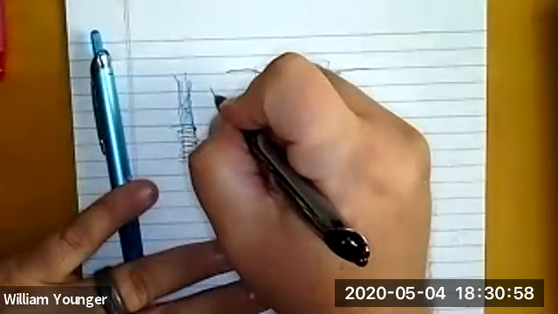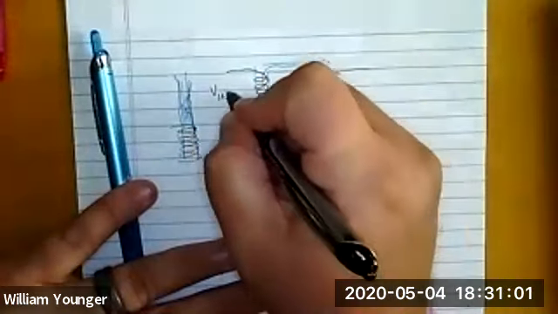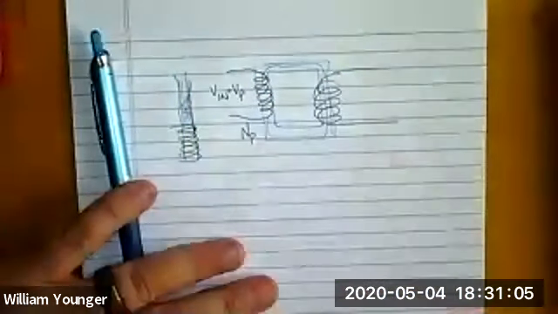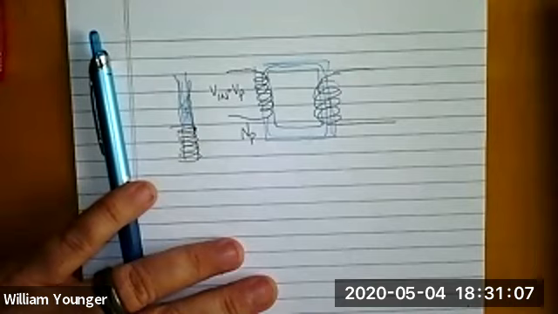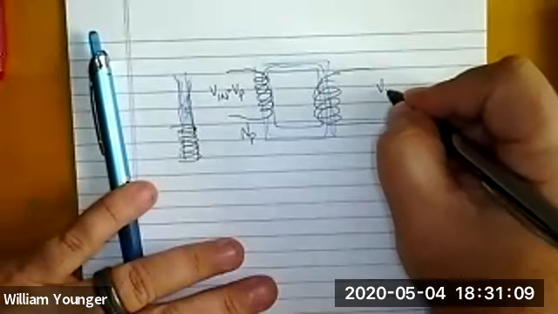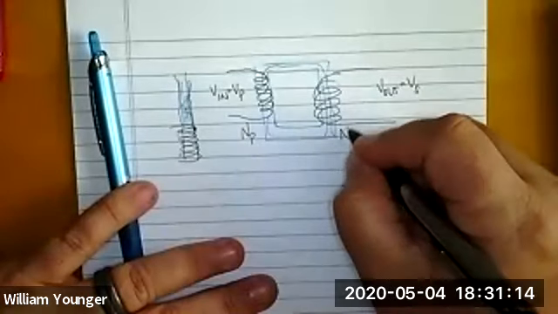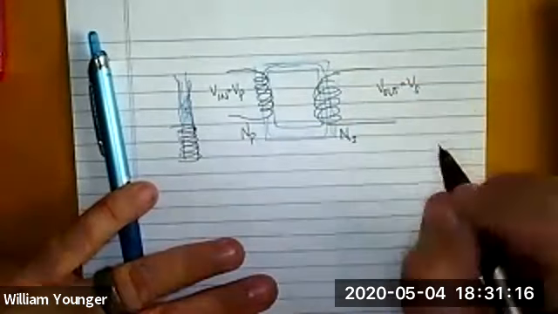So if this is the voltage in, or V primary, and there's N coils on this side, then out comes a voltage out called V secondary, and this is NS, the number of coils on this side.